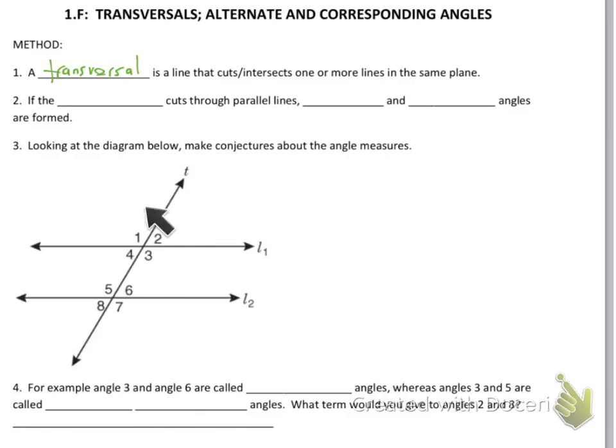It is cutting one or more lines. If the transversal cuts through parallel lines, blank and blank angles are formed. Well, actually, it's not the other half of that name. Take a look at what kind of angles are being formed.